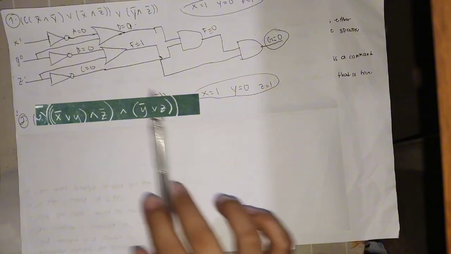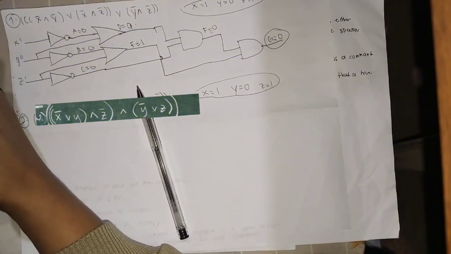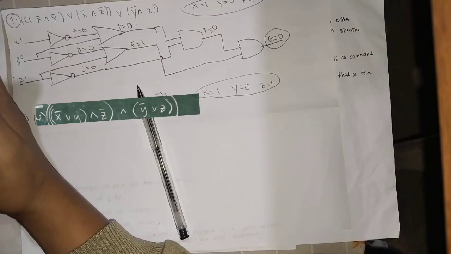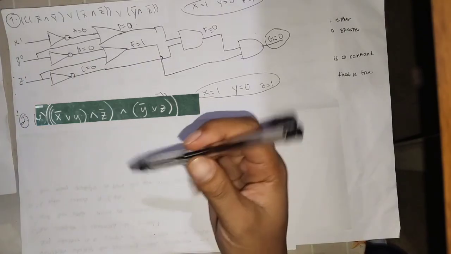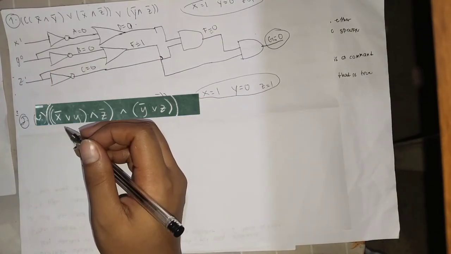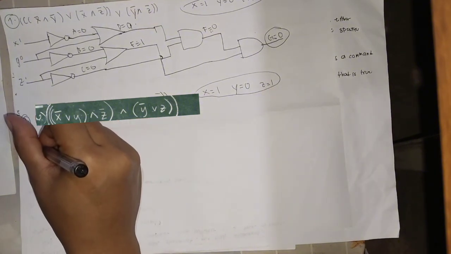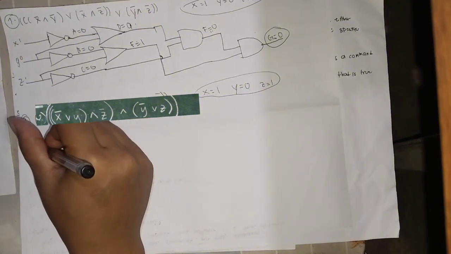The output of the first NOT gate from X. So the first NOT gate, we draw X equals 1. This is a NOT gate.